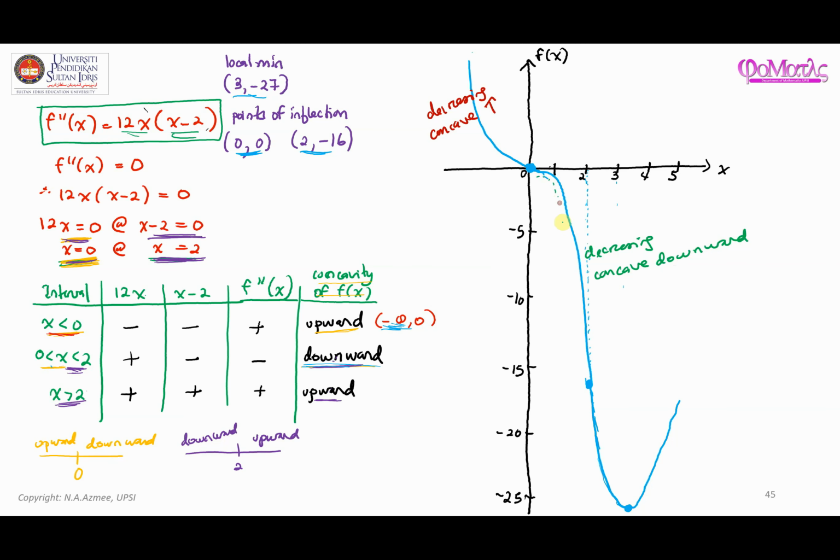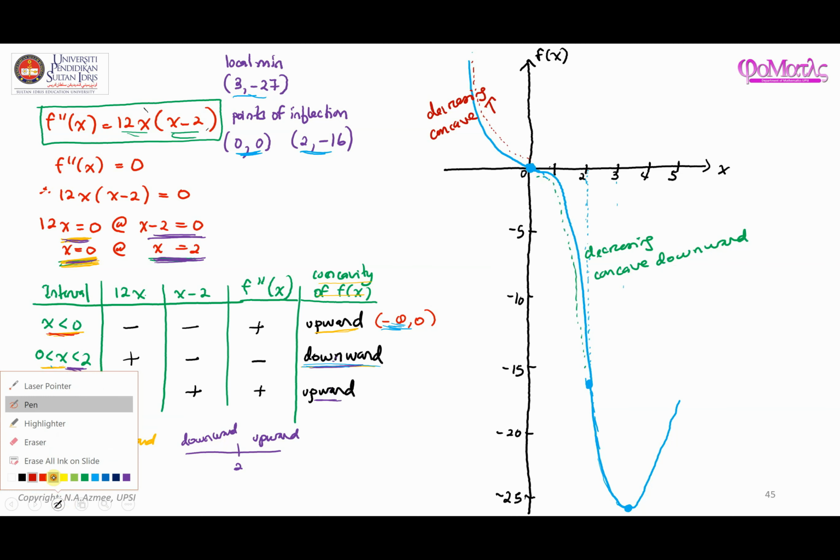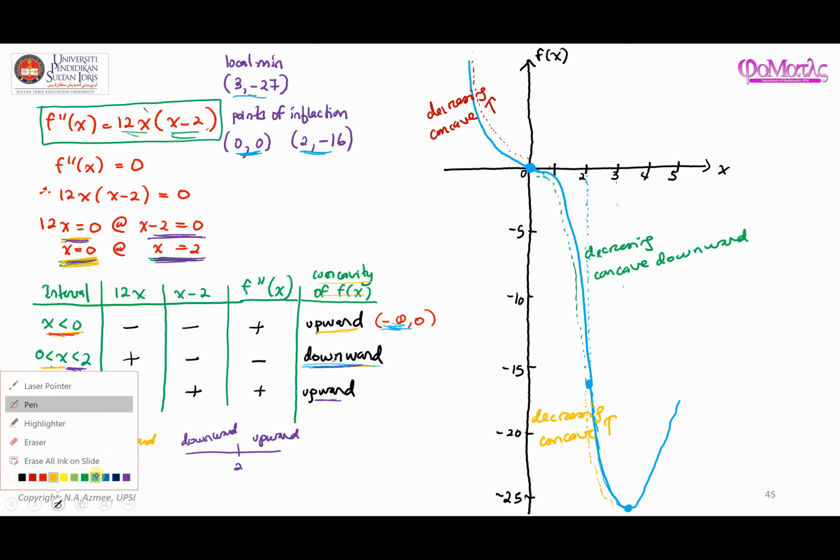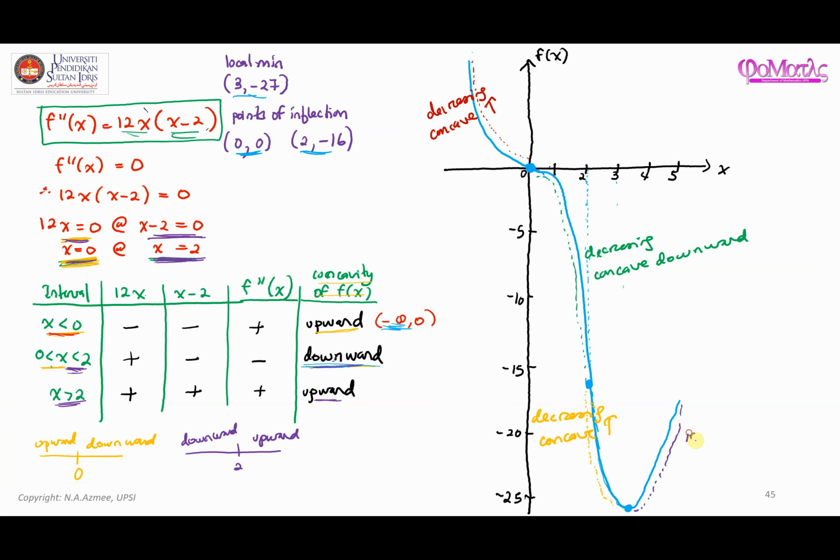Okay, for this part, this is decreasing and concave upward. Next, for this one, this is decreasing, concave upward, and after that this is increasing and concave upward as well.